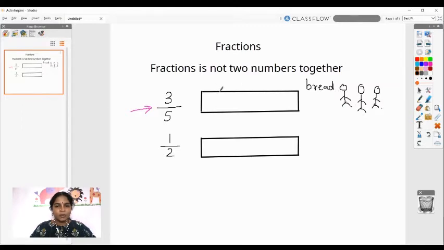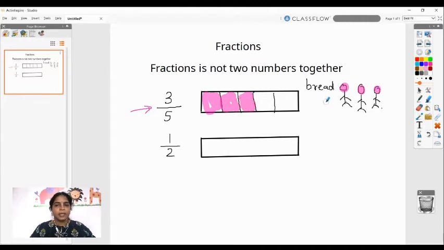So what we will do, we will cut this loaf of bread into 5 equal parts, correct? And then we will give this one piece to the first fellow, the second piece to the second fellow, right? And the third piece to the third fellow.